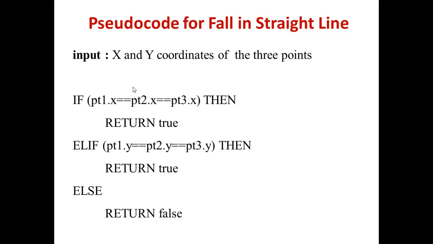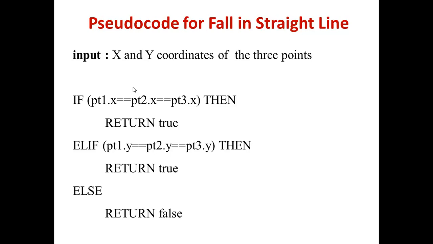Simply, we read the x and y coordinate values for all the 3 points, and we put up an if-else, multiple elif ladder kind of structure. What the first if condition says is that I'm checking the x coordinate values of point 1, point 2, point 3.